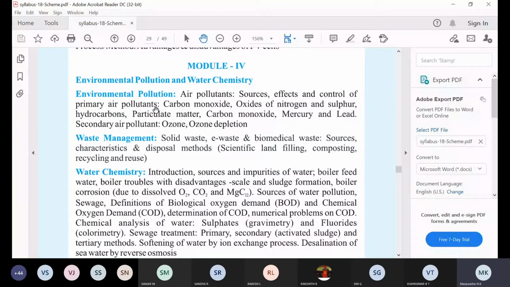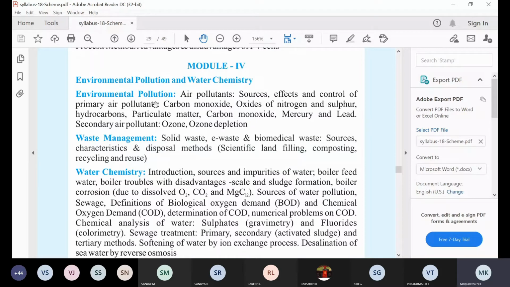In this environmental pollution, we are going to discuss the primary air pollutants which cause the major air pollution in the environment. We are going to discuss the sources, the effects and how to control these primary air pollutants in the environment.